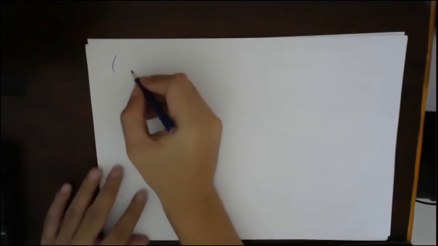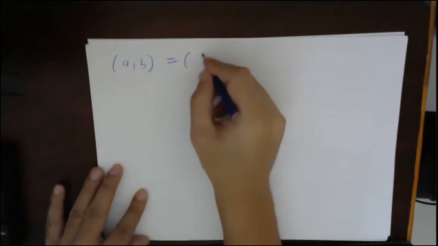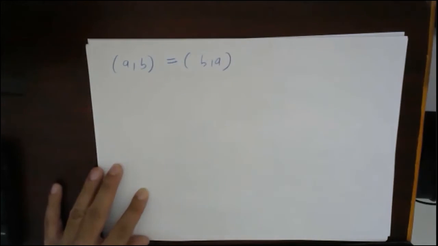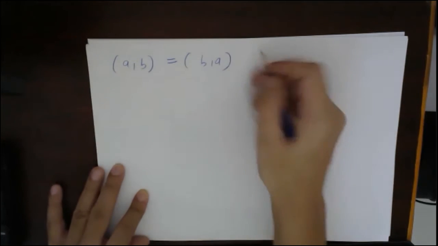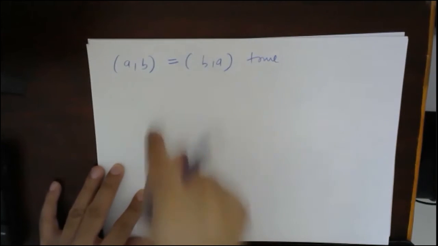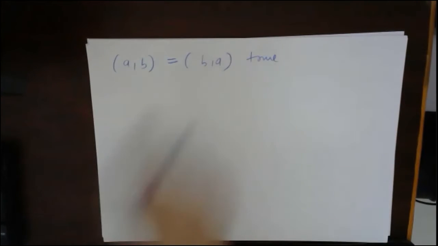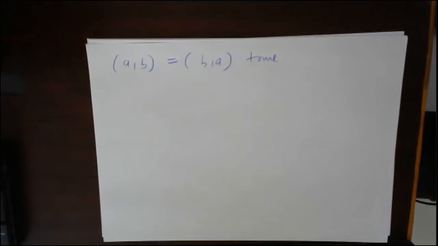Okay, now suppose we have (A, B) and I'm saying this is equal to (B, A). I'm saying this is true. You have to tell me in which condition only this will be true. When A is equal to B. Very good, excellent.